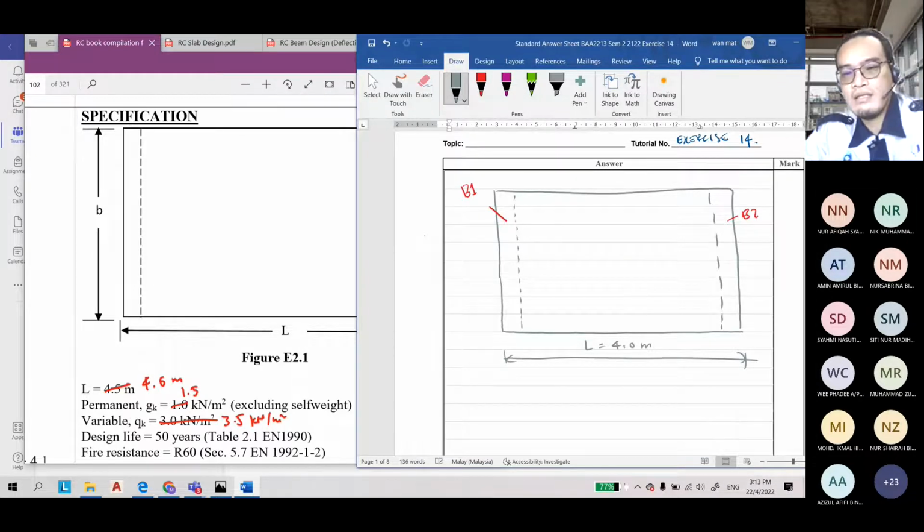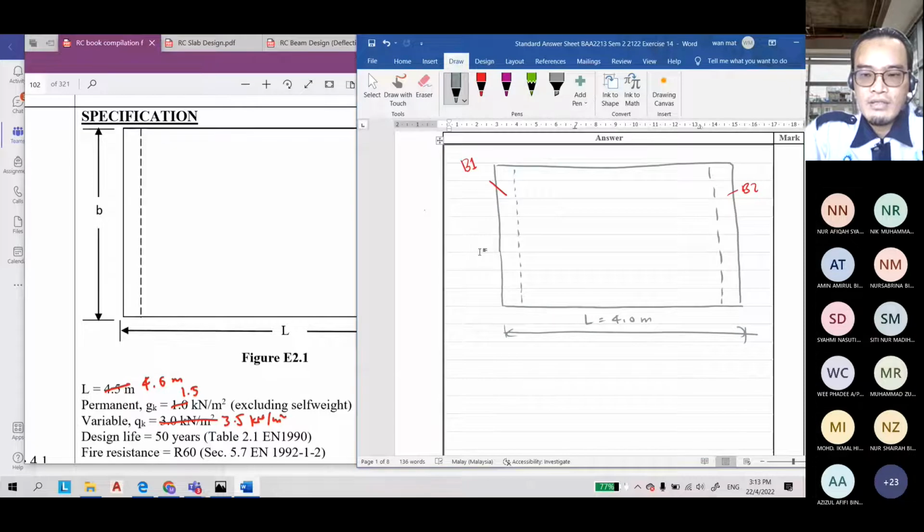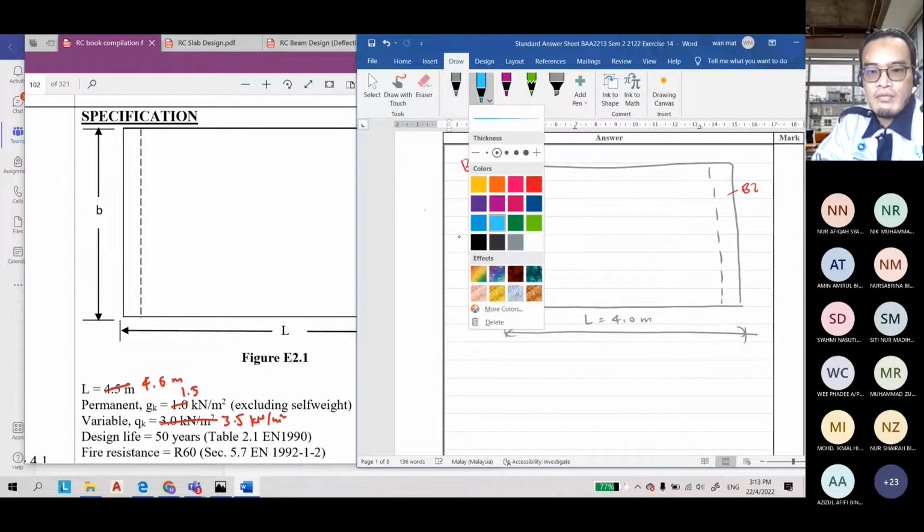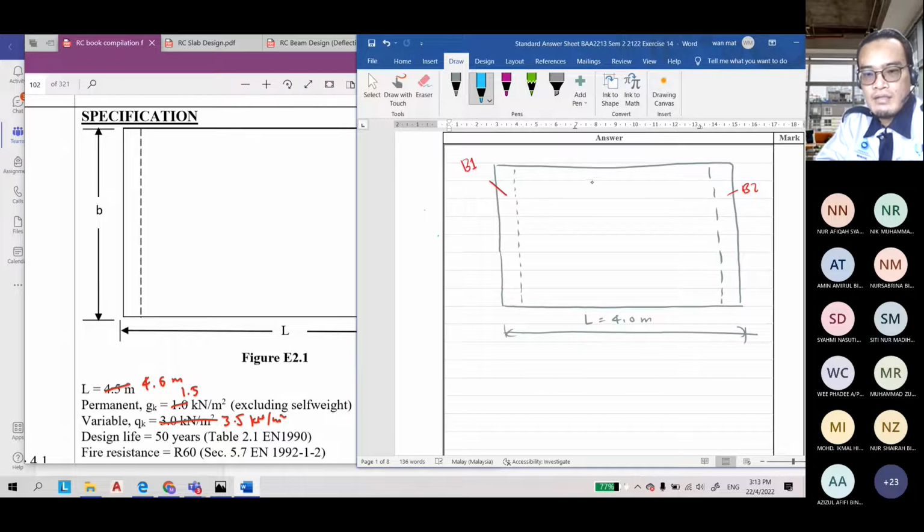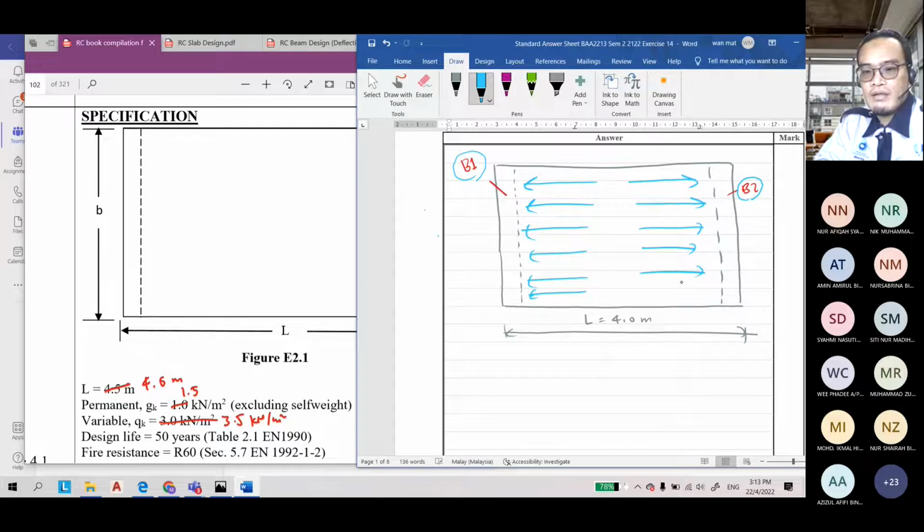Since this is simply supported, the loading from the slab will be directly transferred to the nearest beam. Half of the load from the slab will be transferred to beam number 1, and the other half will be transferred to beam number 2.